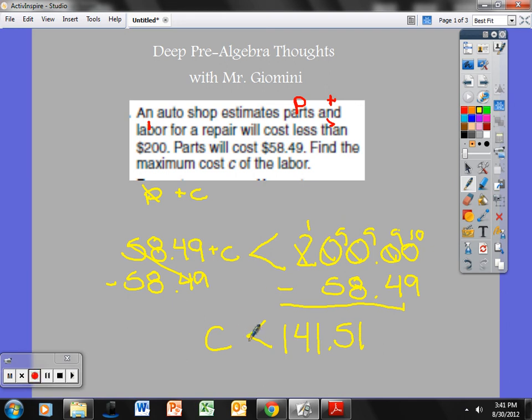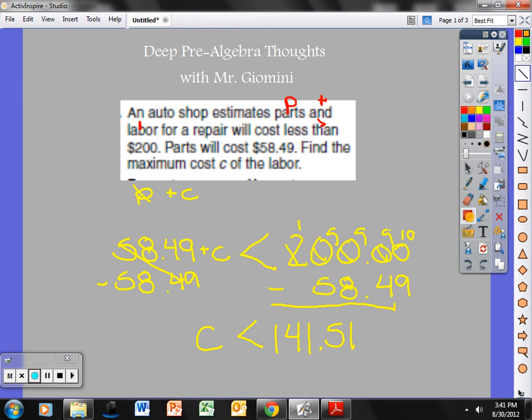So the reason being, if I substitute this back in, if I combine these two, it's going to be $200 exactly. Remember, it can't be less than or equal to 200. So if I were to graph this, which it does not ask, but it's okay if I do a little extra, I would have to draw my line.